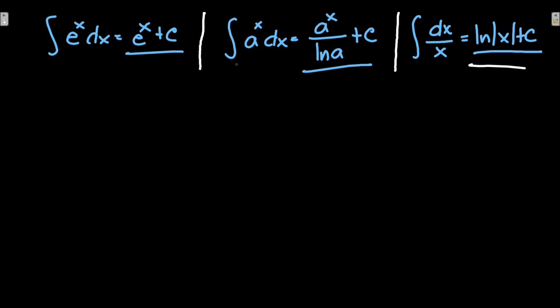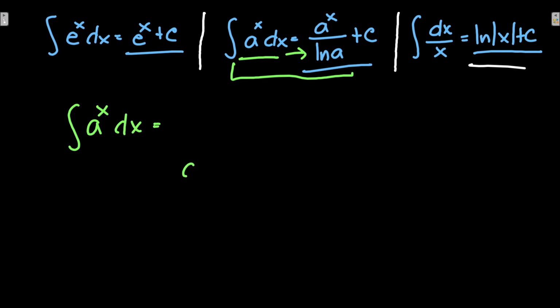And so let us start on how this became like this. This would be the integral of a to the power of x dx. You must be aware of the identity that a to the x is equal to e to the power of x multiplied by ln of a.